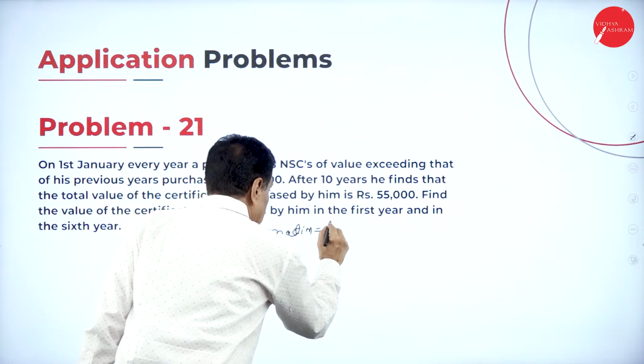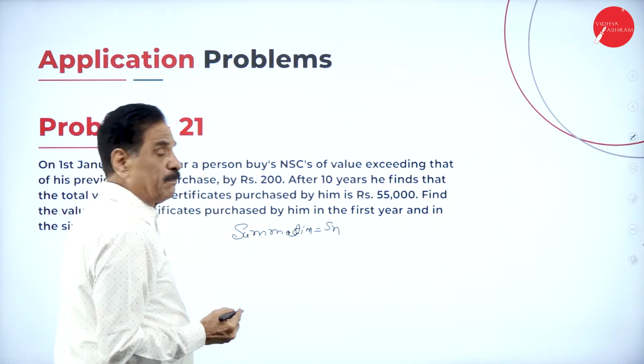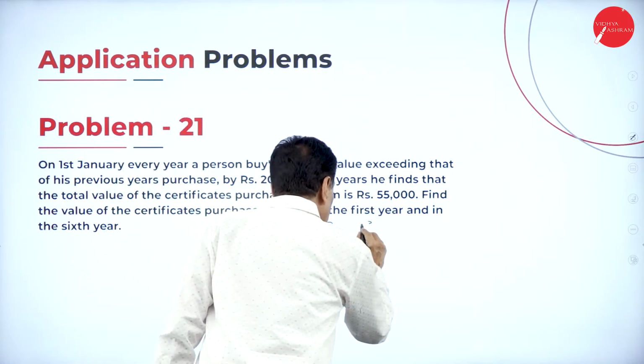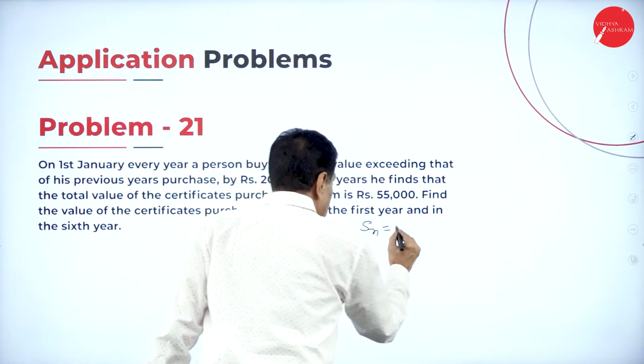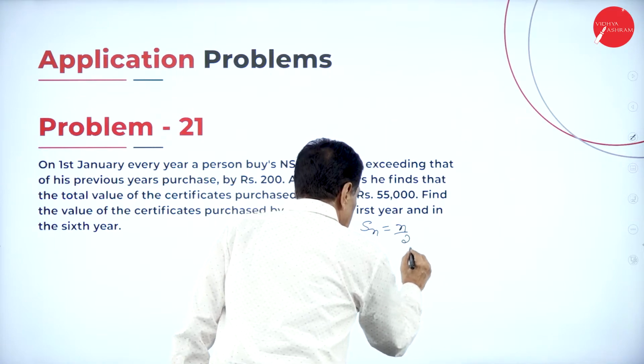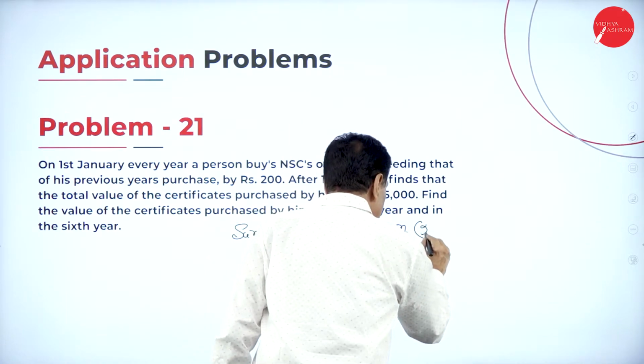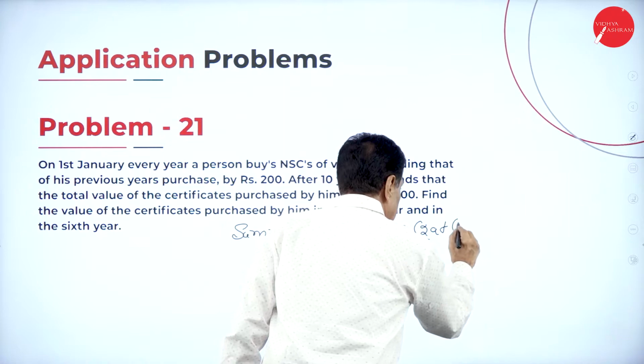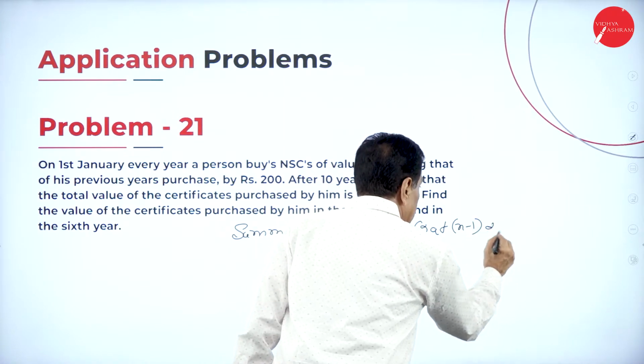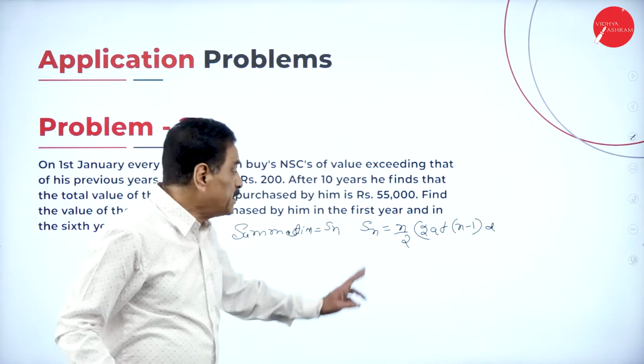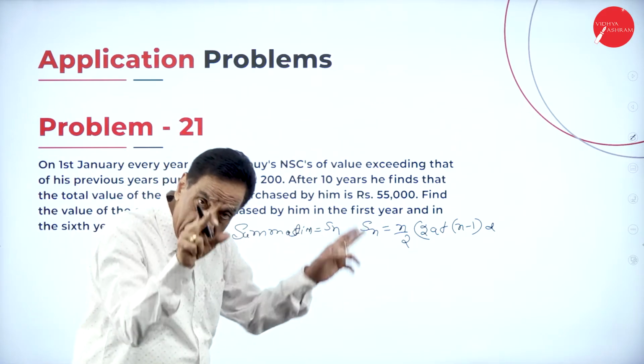It can be represented as Sn. Formula: Sn is equal to n by 2 into 2a plus n minus 1 d. See the formula? Sn is the total of the AP.